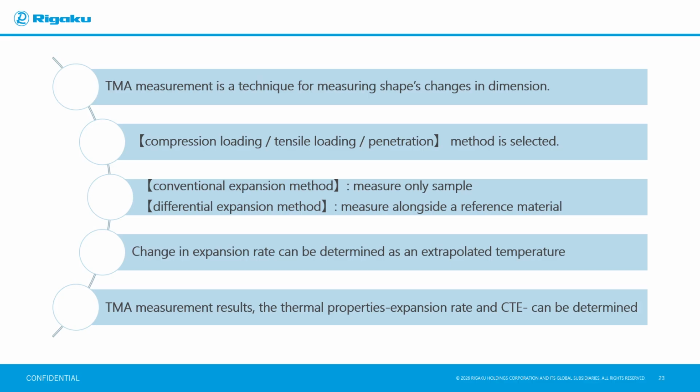Here is a summary of this webinar. TMA measurement is a technique for measuring shape changes in dimension. Depending on the sample shape and purpose, the compression loading method, tension loading method, or penetration method is selected. There are two approaches: the conventional single load expansion method, which measures only the sample, and the differential expansion method, which measures the sample alongside a reference material.